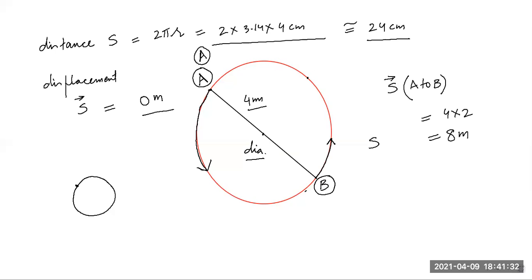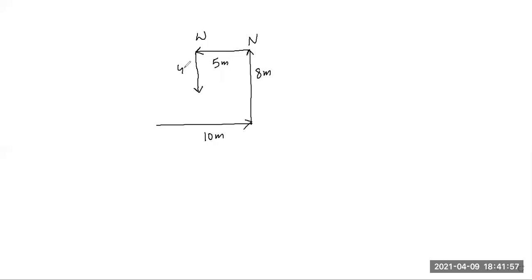Let's take one more example like this. Let's say a person has traveled 10 meter in this direction, then he has traveled 8 meters along north direction. Then let us say he has traveled 5 meter along west direction. Then he has traveled 4 meters along south direction.